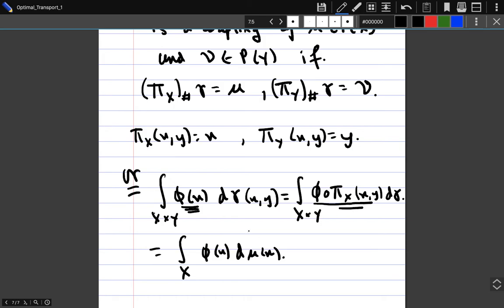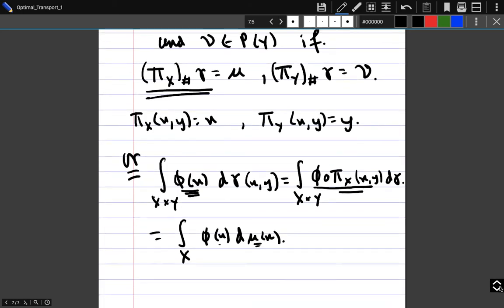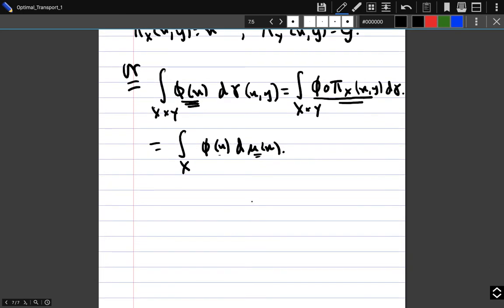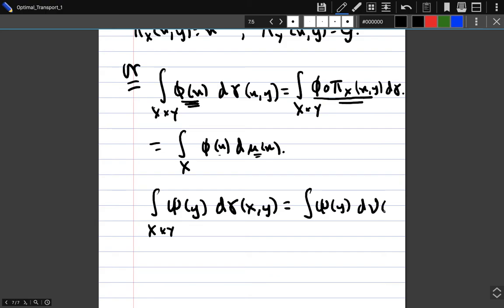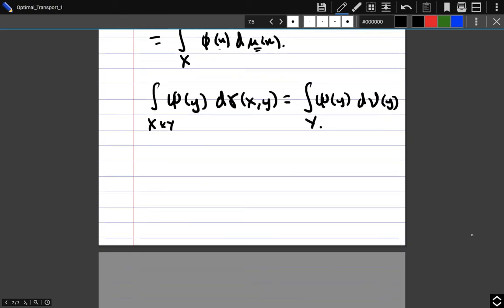You're composing phi with pi of x and integrating with respect to gamma, but this is the same as integrating on the space X with respect to the measure mu. And you can do the same for phi of y: integrating this is the same as integrating phi of y with respect to the measure nu on the space Y, by a similar argument.